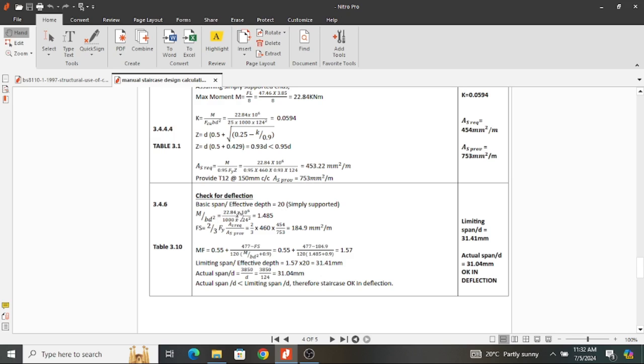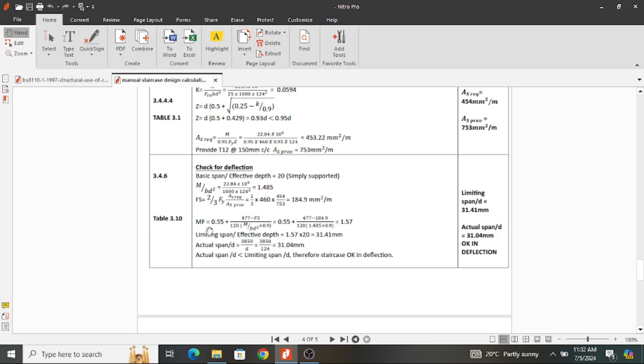The basic span to effective depth ratio, we assumed it to be 20, and then I determined all these parameters right there as you can see, and this gave me a modification factor of 1.57. When I multiply 1.57 by 20, I get a limiting span to depth ratio of 31.41 vis-a-vis the actual of 31.04.